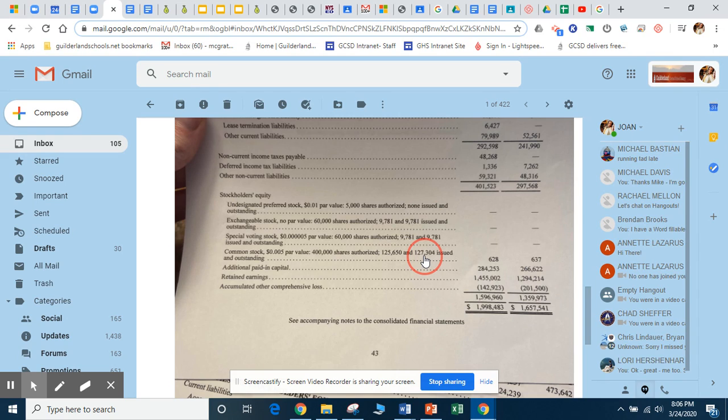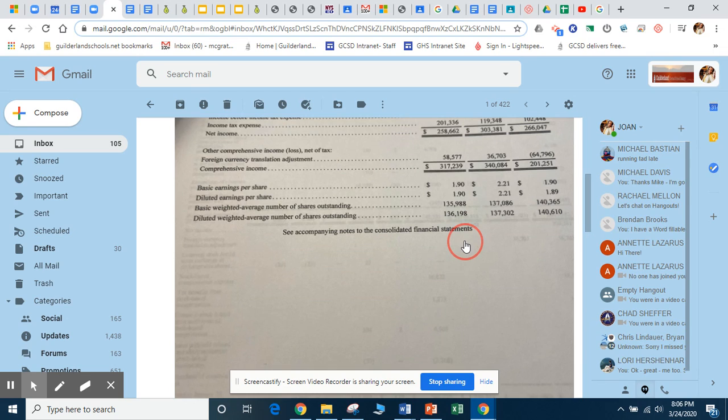That gives me a denominator for the previous year of 137,085,000. So I'm going to have my numerator of 303,381 divided by 137,085, and that's going to give me my $2.21 right here. So that's my cross check. You'll come out within a few pennies.